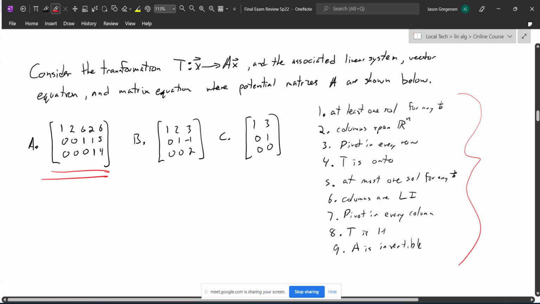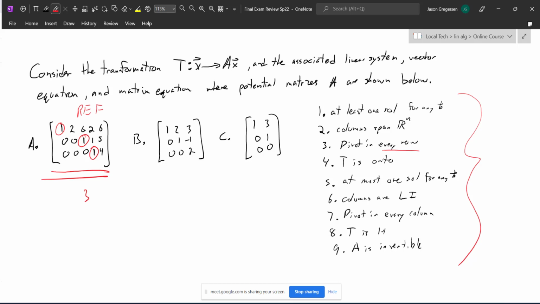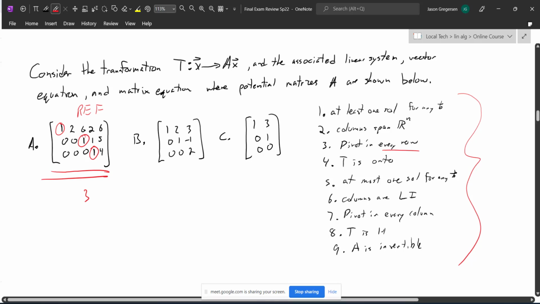So the easiest thing for me to pick out is the pivots. Right now I'm already in REF form, so I should be able to identify the pivots. I see a pivot here, I see a pivot here, I see a pivot here. So what I see is there's a pivot in every row, which is 3. And that tells me that all of the existence criteria is true and none of the uniqueness criteria is true. I have a pivot in every row, but not a pivot in every column.